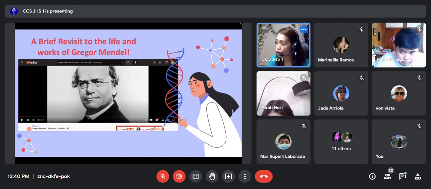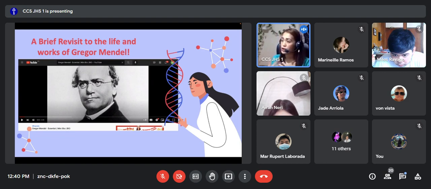What I want to emphasize here is that Gregor Mendel is a priest, a person who is religious. At the same time, he has an interest in science. So as you can see, religion and science can actually work together. Probably you've heard there were many conflicts and resistance between the two groups, those considered scientists and those who are religious.